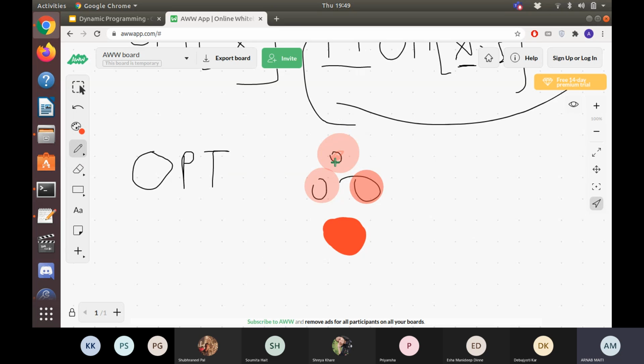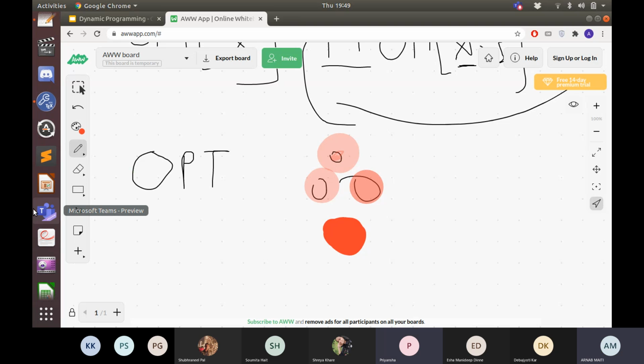Can anyone give me the reason why it will still remain a proper coloring? Because it doesn't have any edge with the red vertices. Yeah. And will it still be an optimal solution, one which uses the least number of colors?